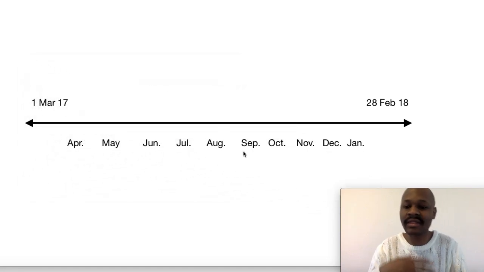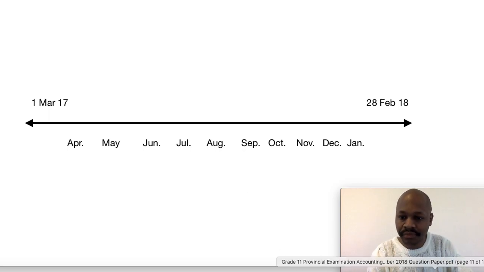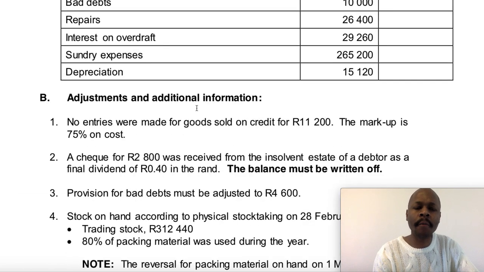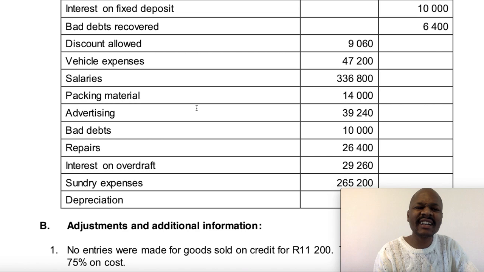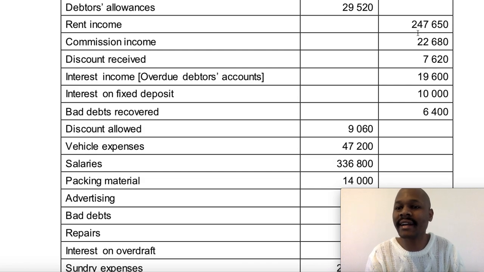This you can solve with simultaneous equation, solving for x. Then you go to your question paper, pre-adjustment trial balance. The figure we have for rent income. Where is our rent income? 247,650.